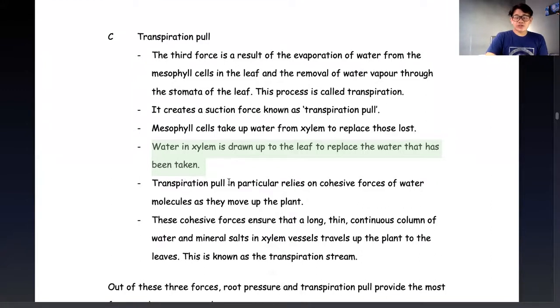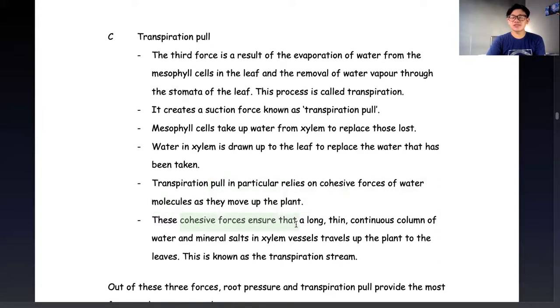Transpiration pull in particular relies on the cohesive forces of water molecules as they move up the plant. It relies quite heavily on the cohesive properties of water because they stick together. That's why they're able to get pulled along.